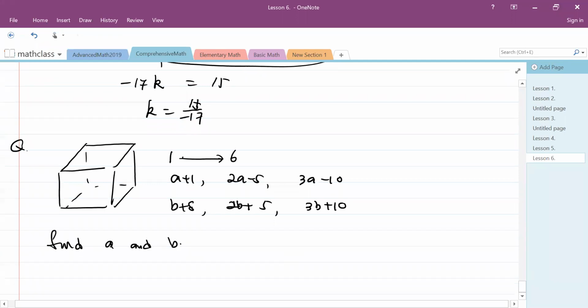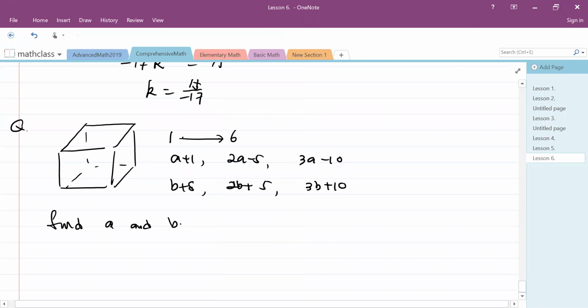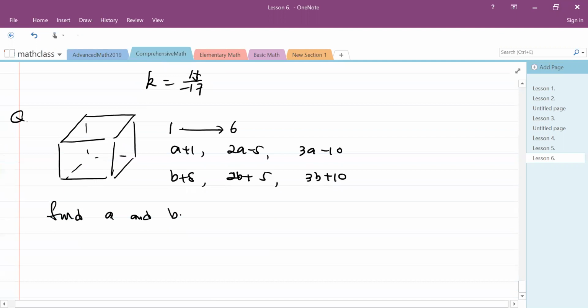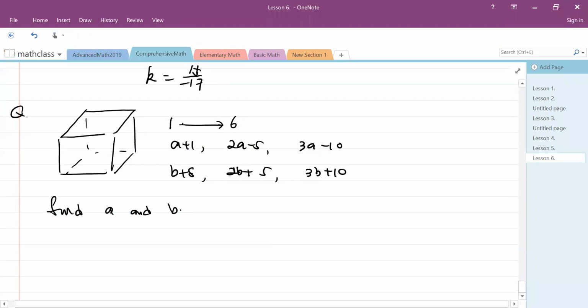Now what we know is all the 6 numbers are different, from 1 to 6. Now, what is the best way to solve the problem? It's too complicated, right?